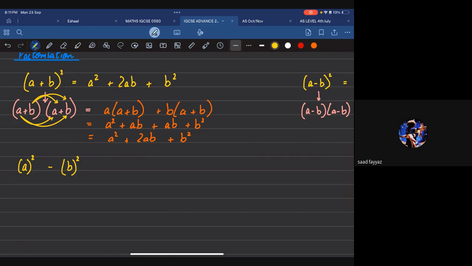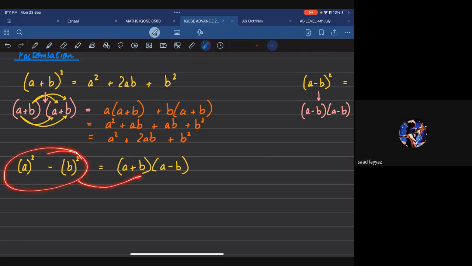A squared minus B squared instead of being whole squared. Now, this is going to expand as (A plus B) and (A minus B). Now, obviously, you guys might think that I've gone crazy because this is nothing compared to what this is, but we're going to prove it.